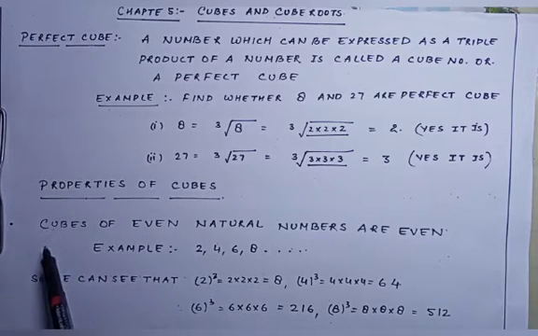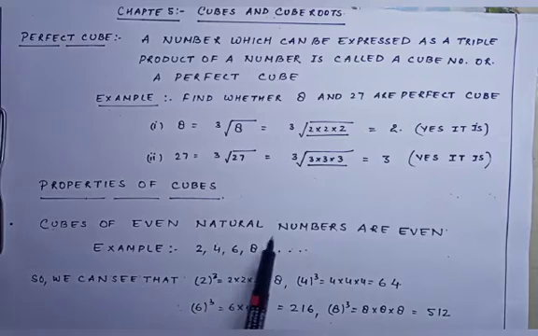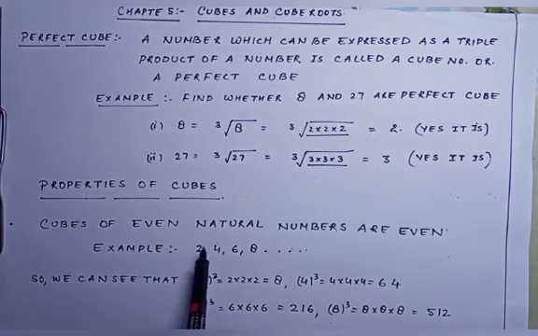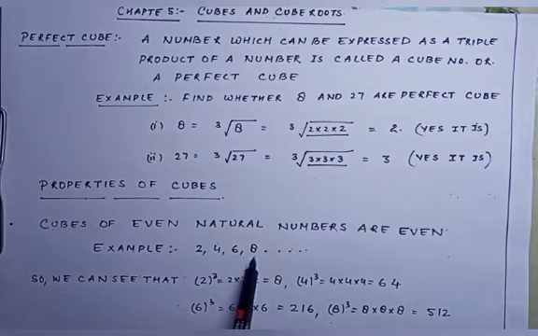The very first property is cubes of even natural numbers are even. If we take even natural numbers like 2, 4, 6, 8, and we find the cube of all four numbers, they will be even natural numbers.